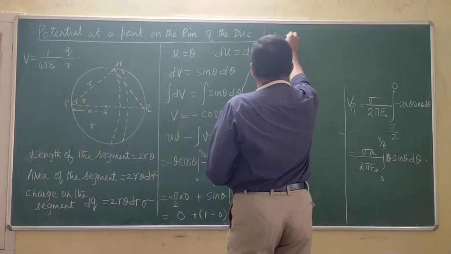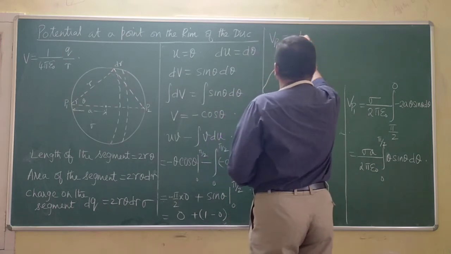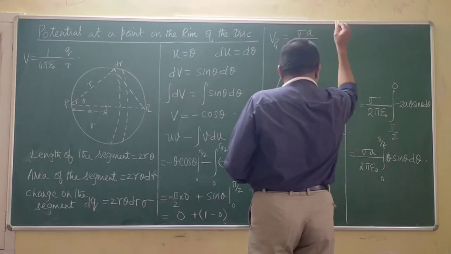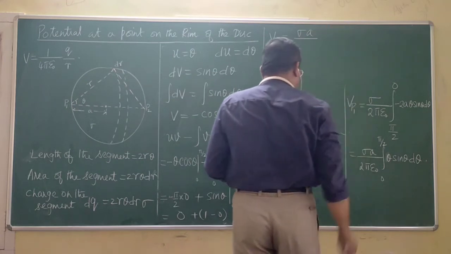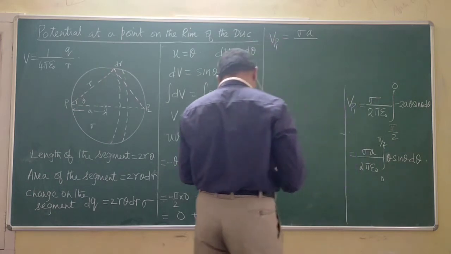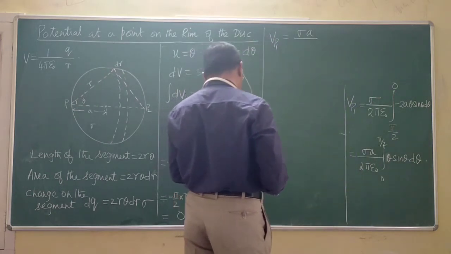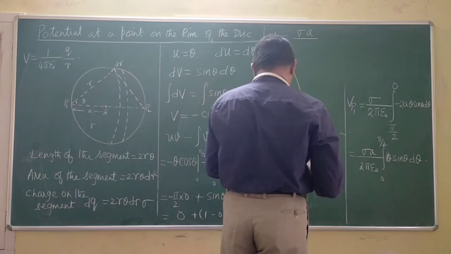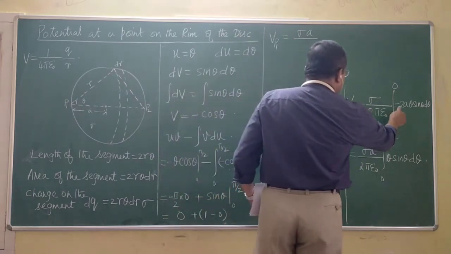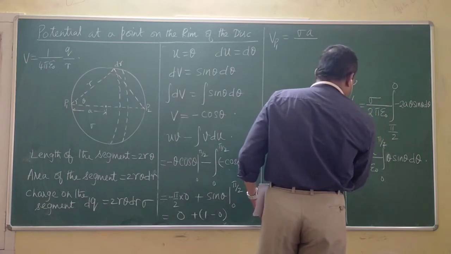V P1 is taking a form sigma a by 2 pi. Here you don't have a 2, sir, because this 2 goes off, therefore you don't get a 2 here.